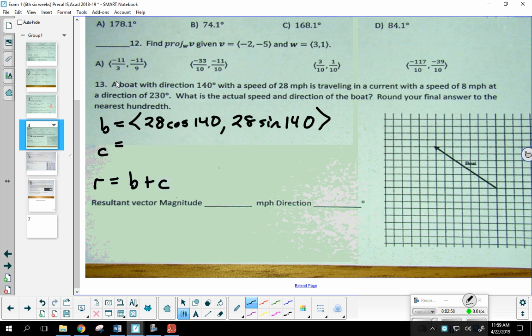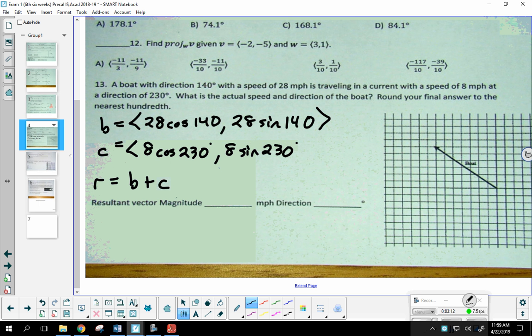I can do the same thing for the current, because it's going 8 miles per hour with a direction of 230 degrees. So I can say 8 cosine 230, 8 sine 230. Now, what I want to do is add these together to figure out what my resultant is going to be. So how do we add and subtract vectors?